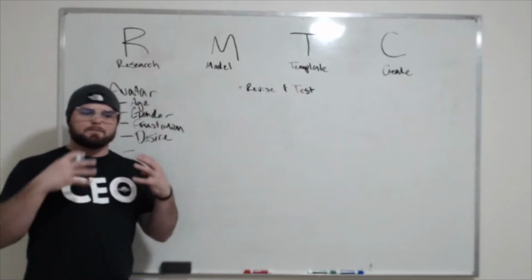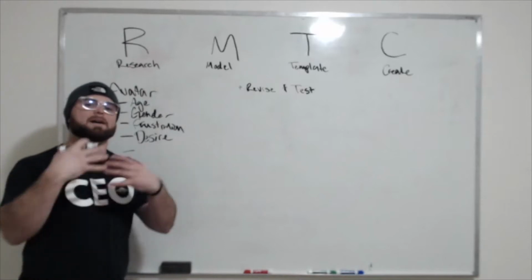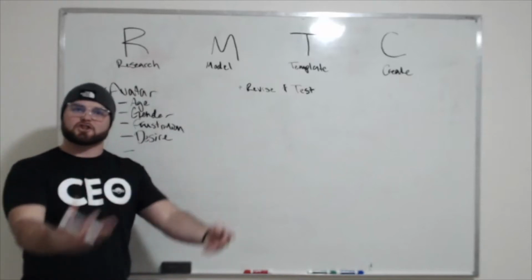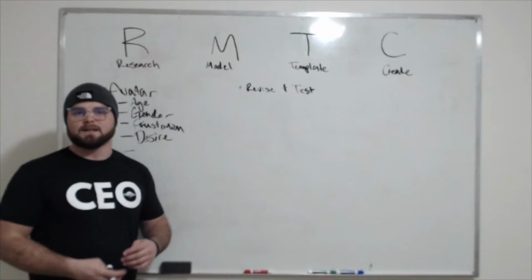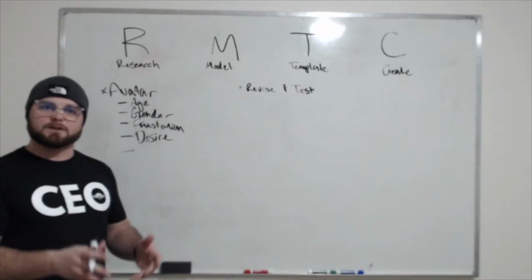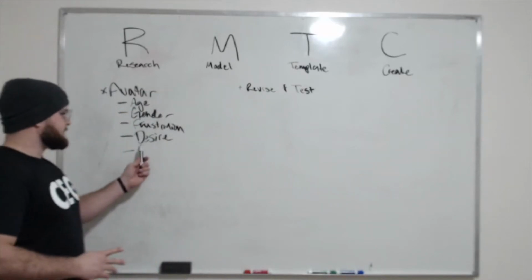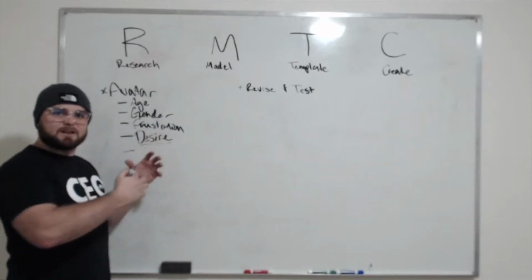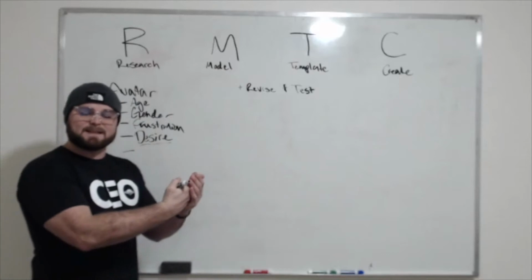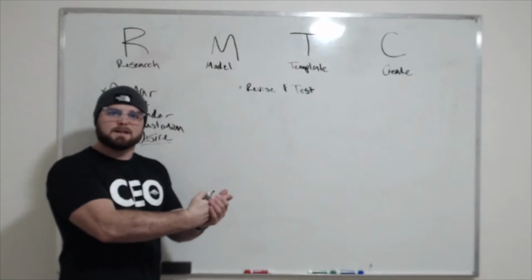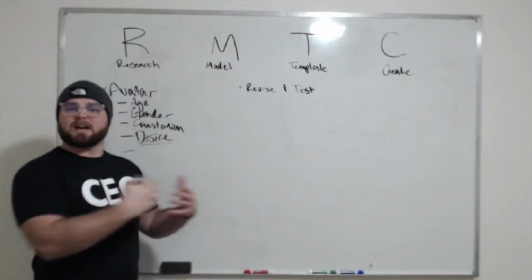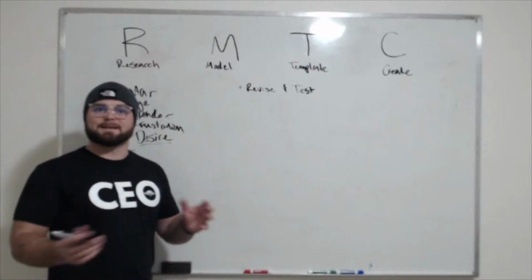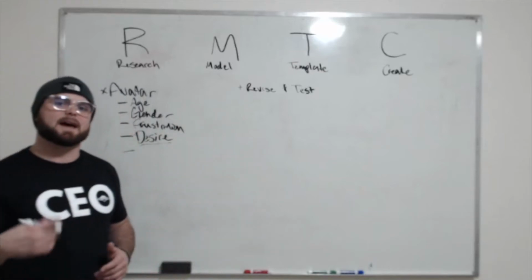And that can really stunt you from ever actually going out and trying it and doing it and perfecting it. But if you can provide a solution to their desire or their frustration, these are the things you need to know in order to present them with something that meets them where they're at, so that you can actually help them overcome their obstacles and meet the goals that they have for themselves.